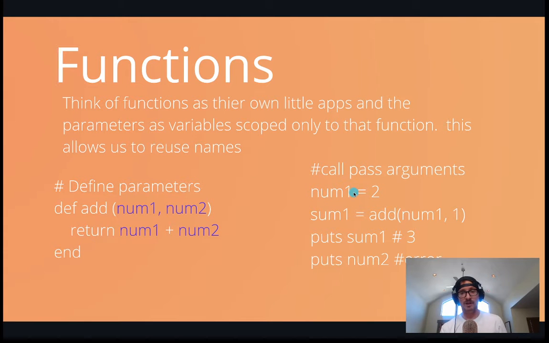So here num1 is equal to 2, and then I'm calling my add function with num1, which is really just 2, and then I also pass it 1. So then when my method gets called, it's passed 2 and 1, so really num1 would be 2 plus num2 would be 1, and so my sum would be 3. Now if I try to use num2, I'm going to get an error here because num2 is a parameter to my function.